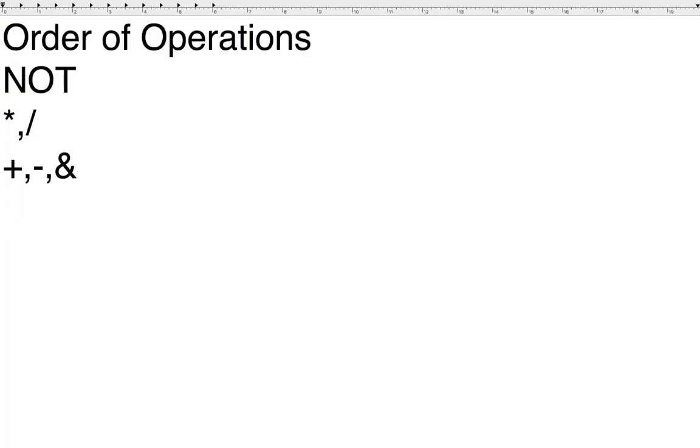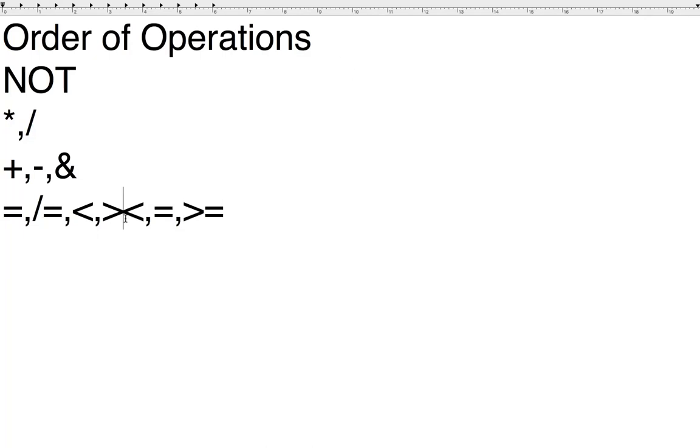That's what that ampersand symbol stands for. And then there's some weird stuff we never talked about, so I'm not going to do that. Then it's the logical comparisons, which are the equal to, the not equal to, the less than, the greater than, and then less than or equal to, greater than or equal to.